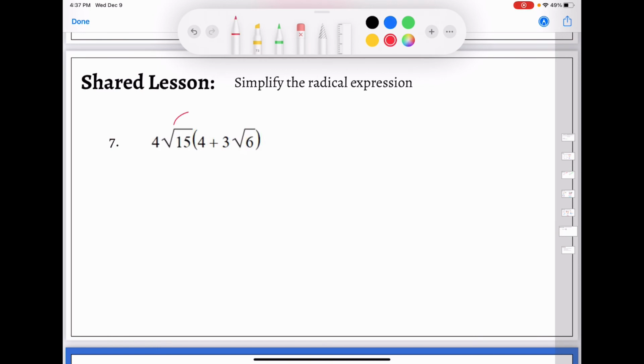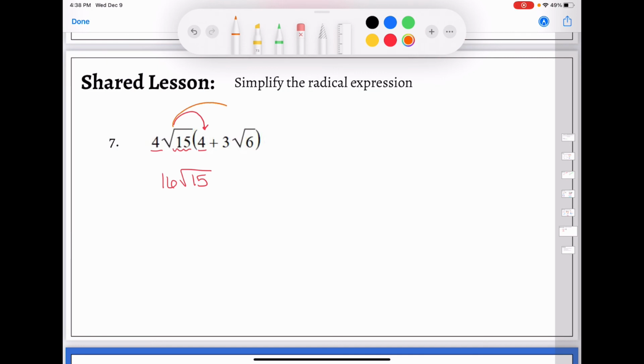Okay, so the first thing I'm going to distribute, I have 4 radical 15 times 4. 4 and 4 are both on the outside, so that gives me 16 on the outside. And I have radical 15 on the inside and nothing to multiply it by on this first term. So 16 radical 15 for my first distributing.